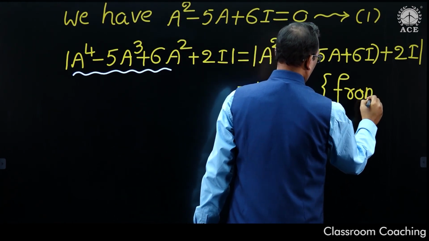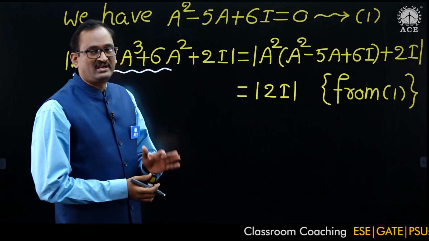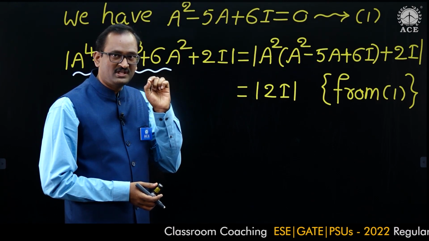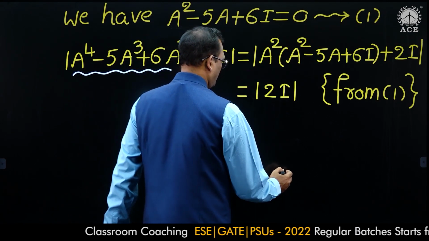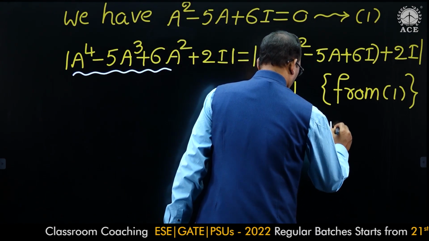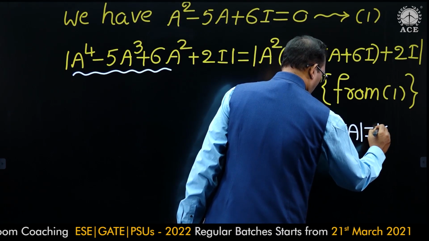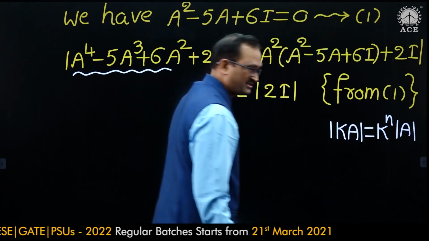Do you know the determinant of kA is equal to k to the power of n into det A? N is the order of the matrix.